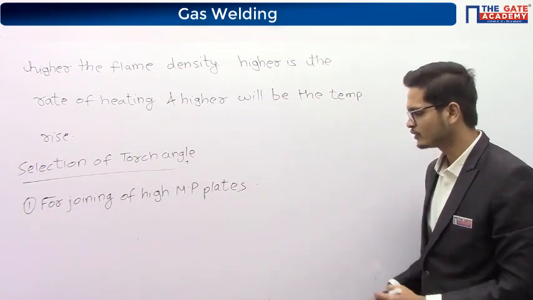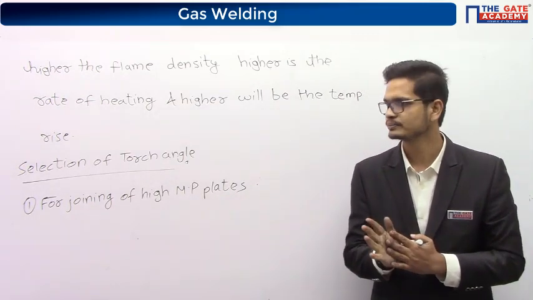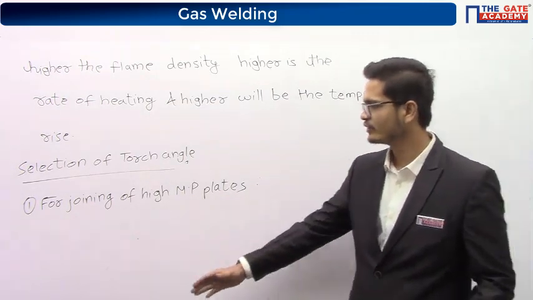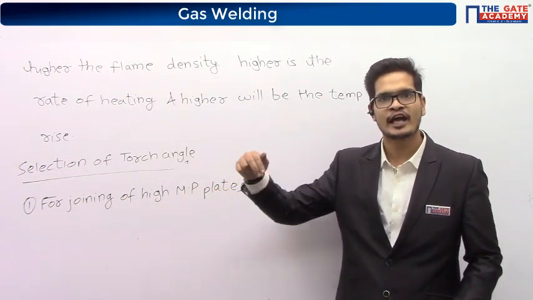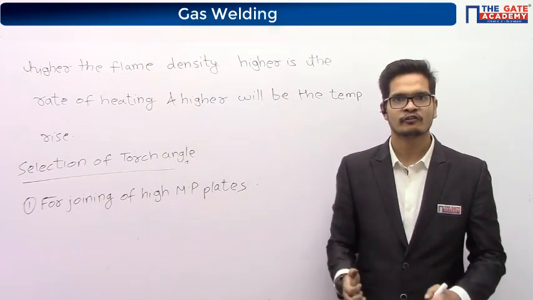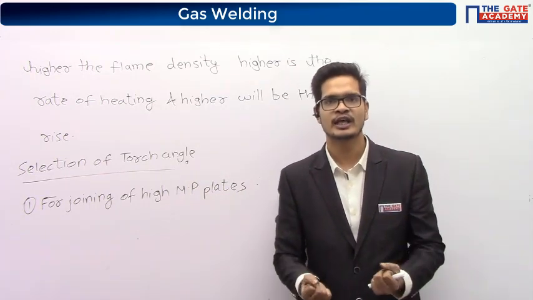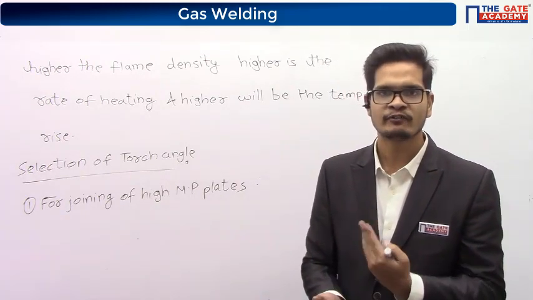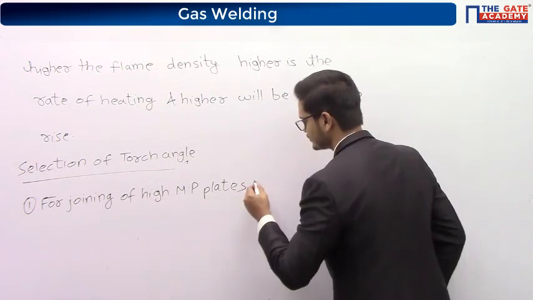What kind of torch angle will you require? Will you require high torch angle or low torch angle? Obviously it is high, very good guys. High melting point plates, it means we'll have to reach higher temperature. For reaching higher temperature, we'll have to use high flame density. High flame density means high torch angle.